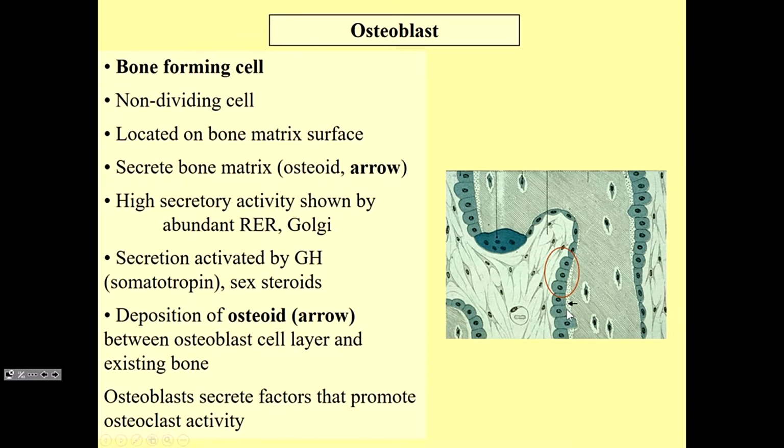Okay, and it's very secretory in activity, and it secretes a lot of factors to promote the deposition of the osteoid. Now these osteoblasts also secrete growth factors that control the activity of the osteoclast. So the activity of the clast is indirectly mediated by the osteoblast, and we'll come back to that.